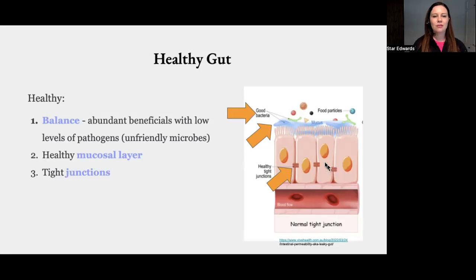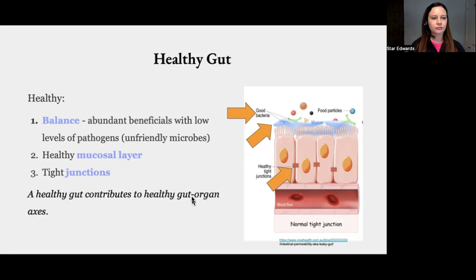So if we have a healthy microbiome and healthy mucosal layer, then hopefully we're going to have healthy tight junctions, which is the opposite of leaky gut, and that protects too many of these antigens from getting into systemic circulation, or this blood flow below, because if they do, then they're free to circulate throughout our body to all of those organs that we saw in the gut organ axis picture before. Healthy microbiome means a healthy gut. Healthy gut means a healthy gut organ axis.